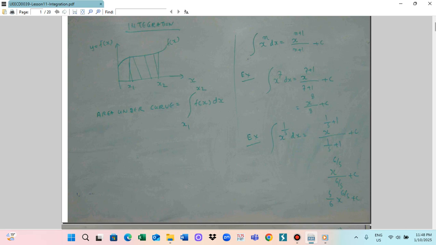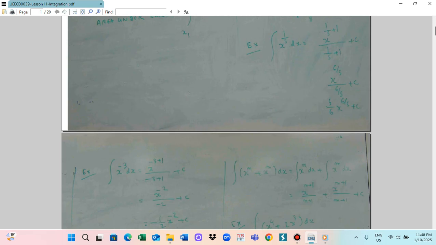And similarly, you can also integrate h power 1 by 5 dx. So h power 1 by 5 plus 1 divided by 1 by 5 plus 1, plus c.